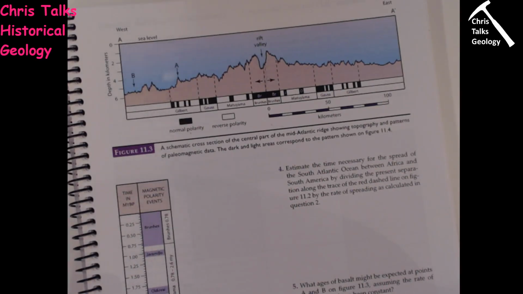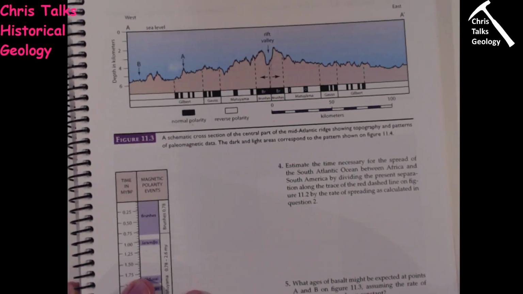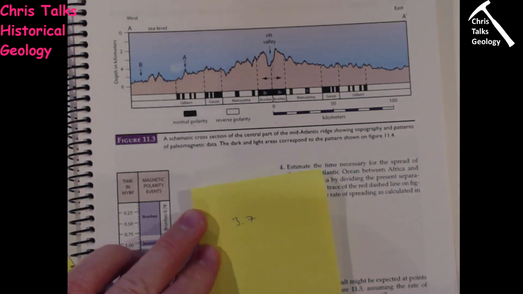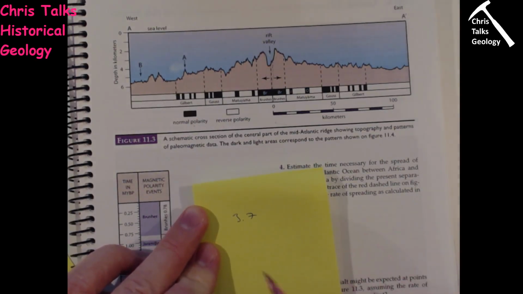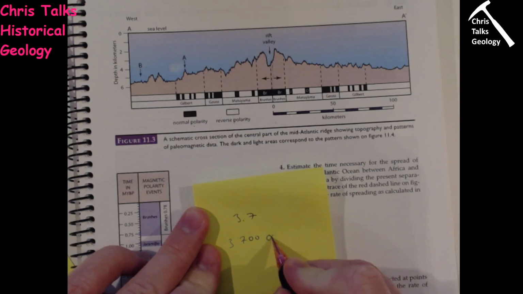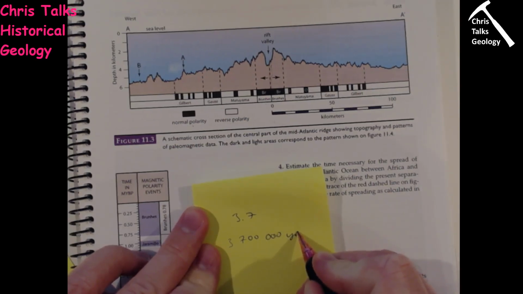Next, of course, you're going to need your age in millions of years, and you're going to need to turn that into years. So for argument's sake, let's say we have an age of 3.7 million years. In order to do the calculation, we've got to write it out in the full sense, so it would actually be 3,700,000 years.